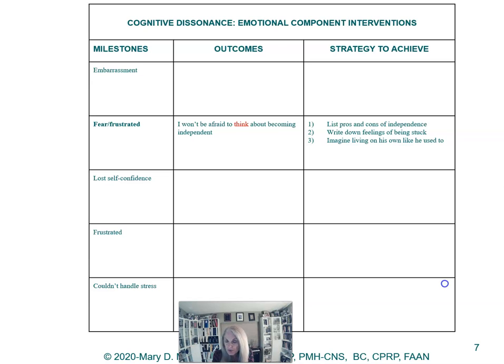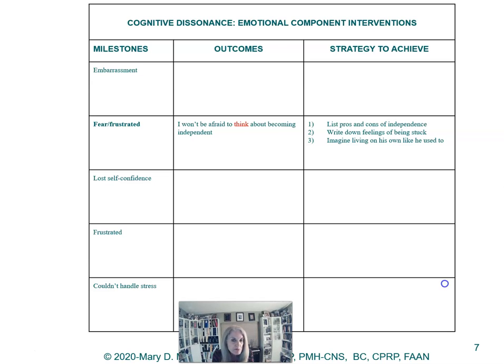So the strategies that we came up with, and he's got 4 weeks to do these, is to list the pros and cons of independence, then write down feelings of what it's like for him to be stuck, because he'll complain about it, but he still really won't get out of his head and get into the feeling state, because he's pretty afraid of his emotions, actually.